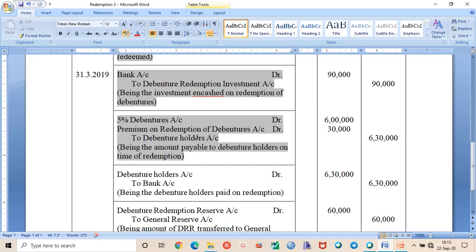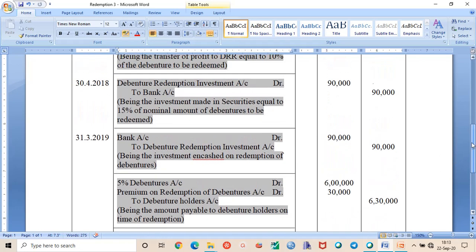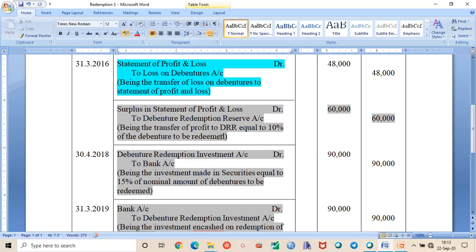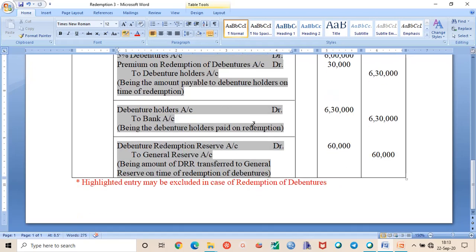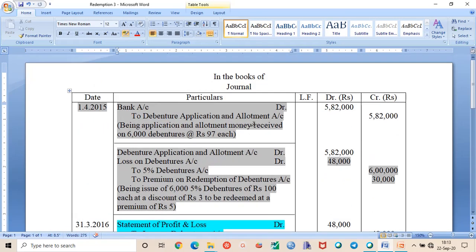Debenture holders account debit to bank account, you will make the payment, 6,30,000. Just now you had created this DRR. Now this DRR should be transferred to general reserve. Simple. This way we will complete our question number 3.